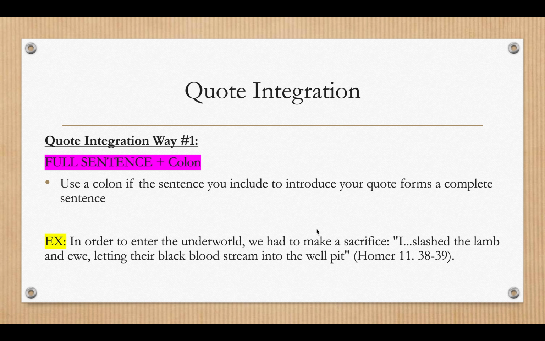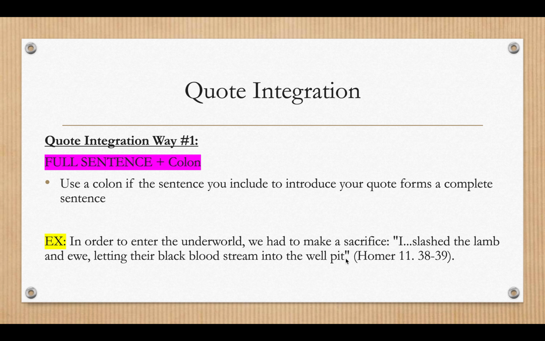Here's something I want you to notice. I have my colon right here, and my quotation marks, sorry, I forgot the word for that, start right here and end. Notice that right here, I do not have punctuation. If there's a period or a comma at the end of my quote, I'm going to move that all the way to the end after my citation to end my sentence, because my citation for my quote is part of this whole sentence, okay?